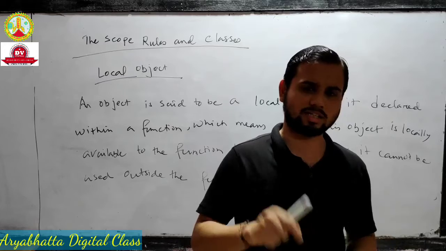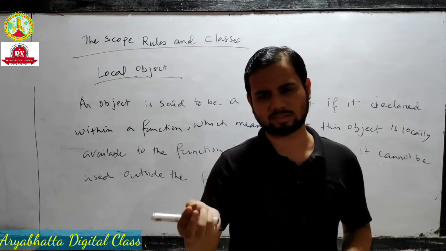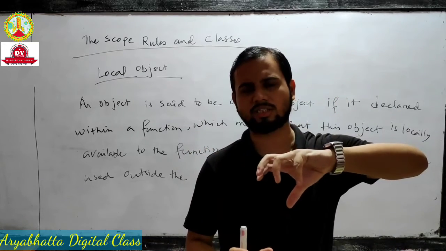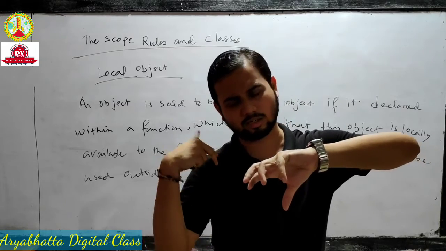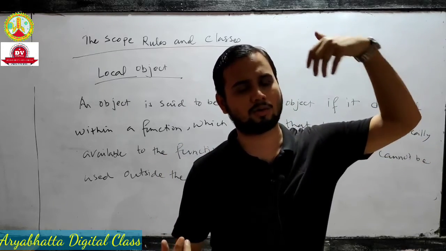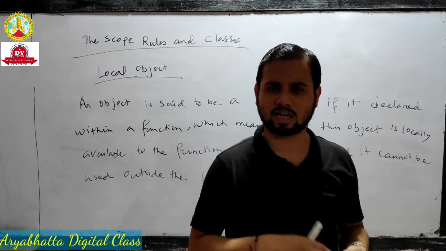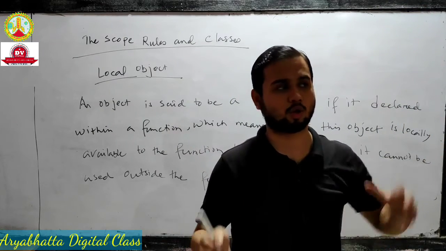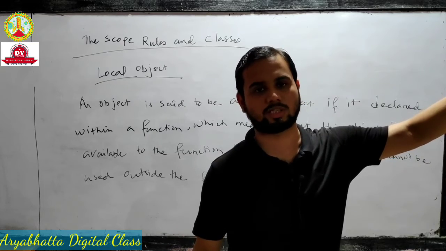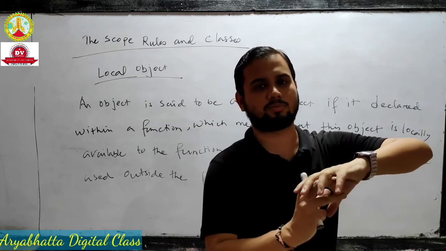Generally, when we write a class program, we always declare the object under the main function, so the object will always be local, and the class is always outside the main function, so the class will be global. In a general class program, our class is a global class and our object is a local object, so global and local are mixed.